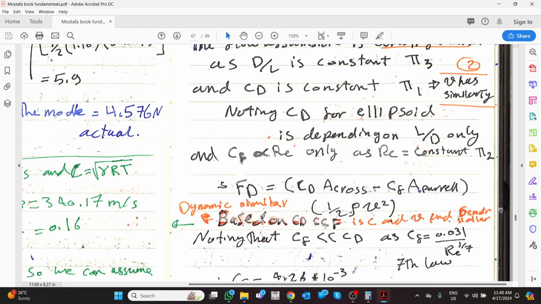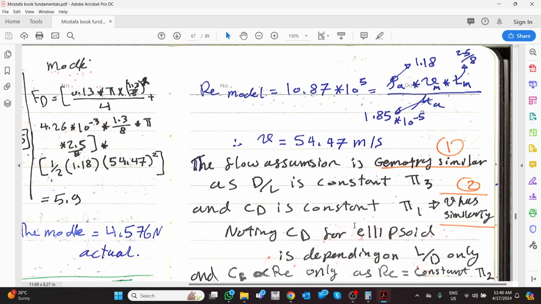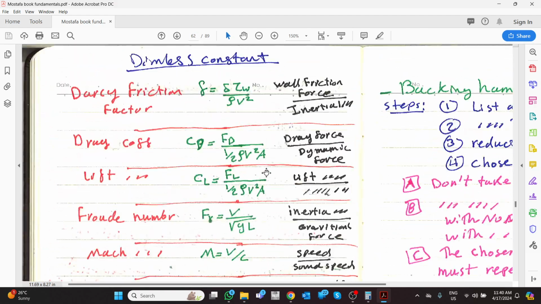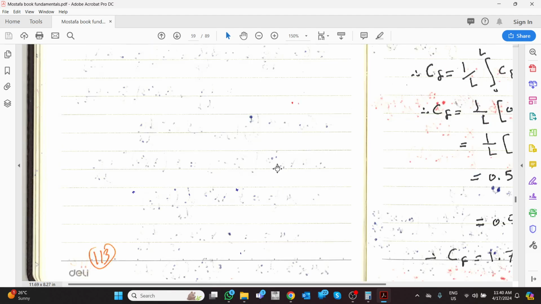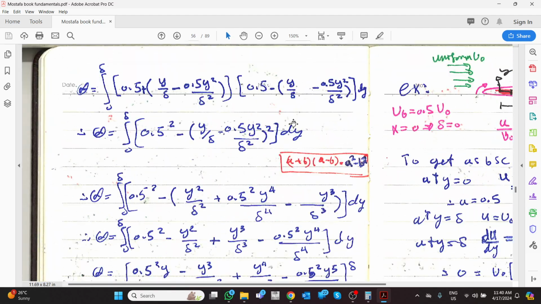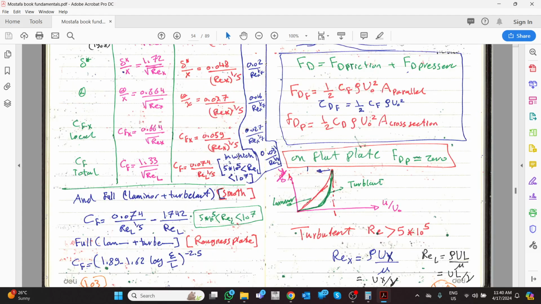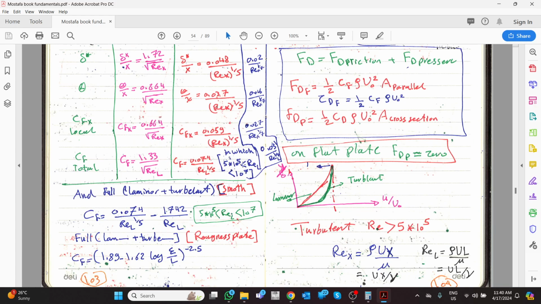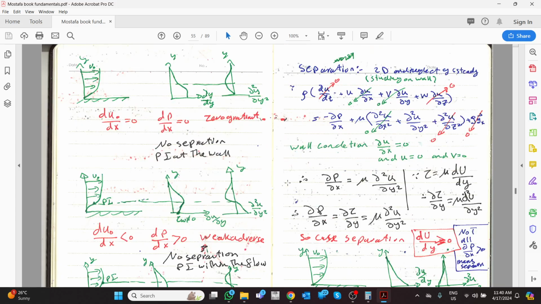Based on CD and CF and the velocity, etc., just for your information, if you try to calculate the CF based on the Reynolds number and the one-fifth rule or one-seventh rule, the Reynolds number is still between these two numbers.